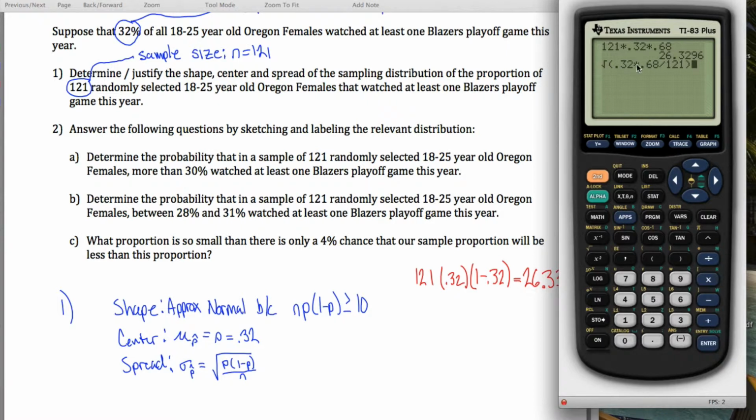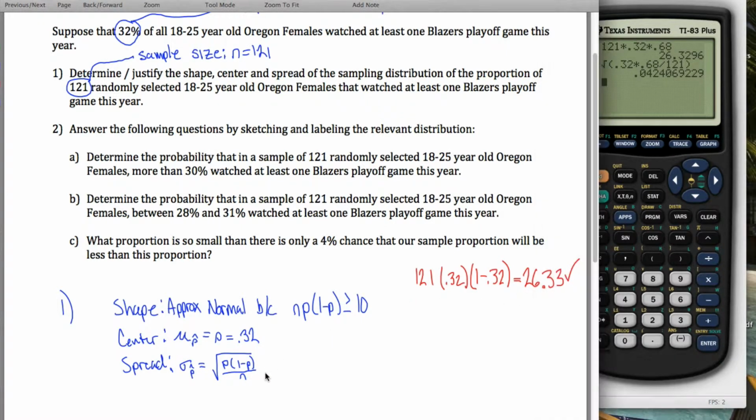The square root of this thing is equal to 0.0424. Weird looking numbers. Okay, what this is saying is that my center is at 32% and my standard deviation is 4.25%, roughly speaking.